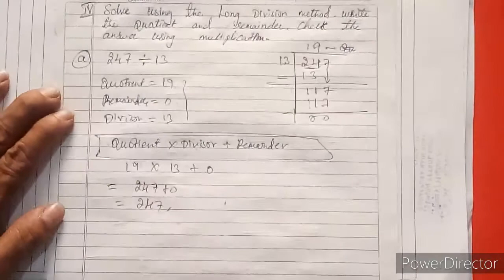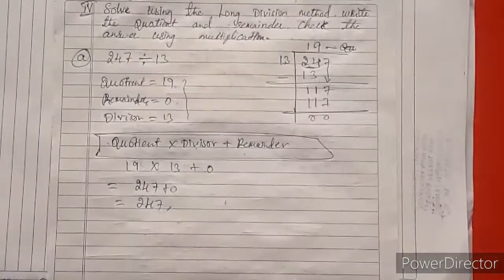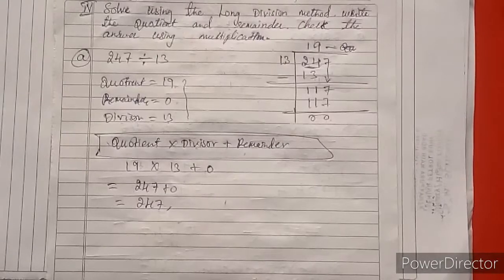This is the first answer. Did everyone understand? Simple things. First of all you have to know the tables, then only it will come. First you have to learn the tables. Understood my point? Okay, I am going to explain the next question.